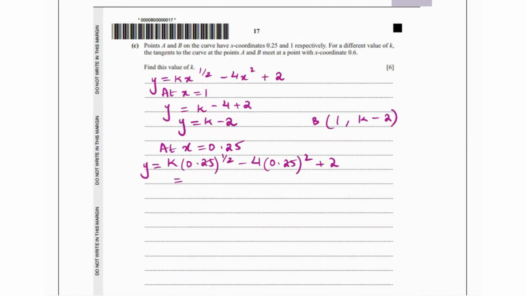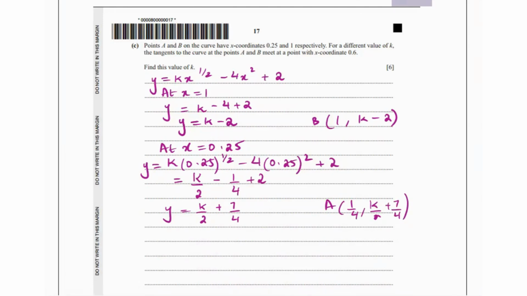That gives us k over 2 minus 1 over 4 plus 2, which is k over 2 plus 7 over 4. That is the y value for A. So A is (1 over 4, k over 2 plus 7 over 4).